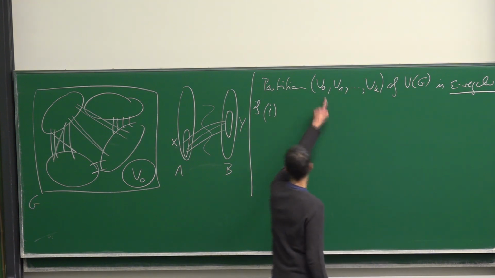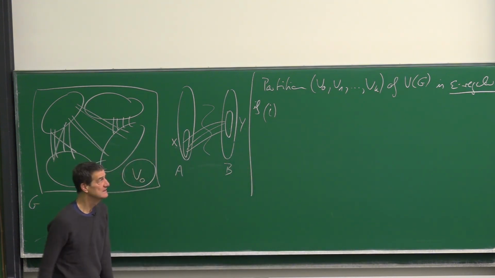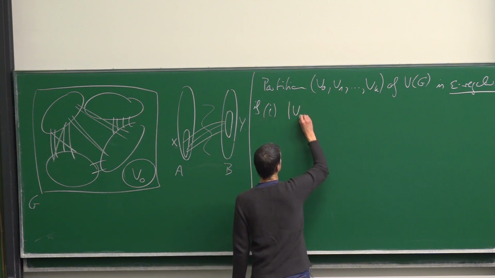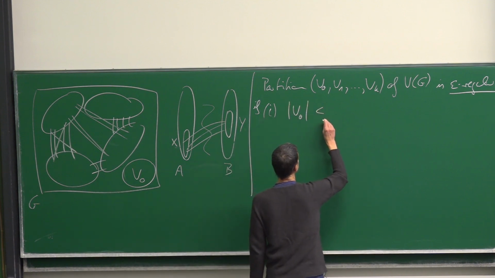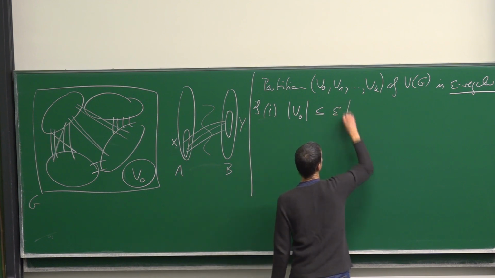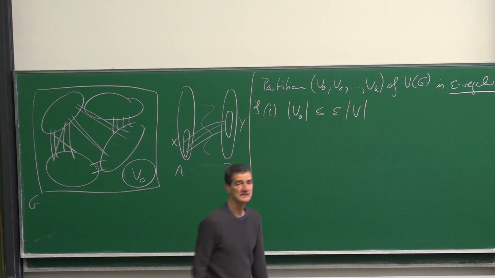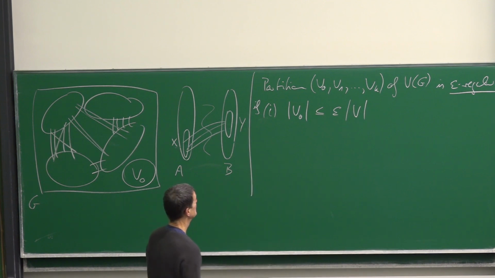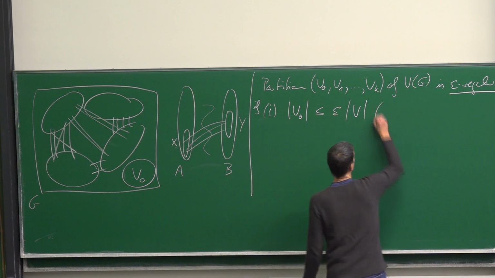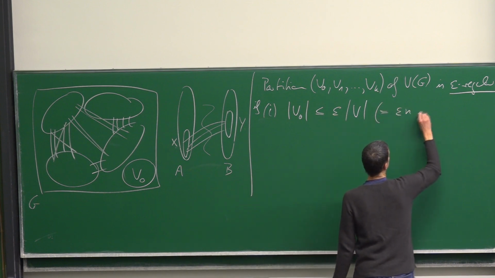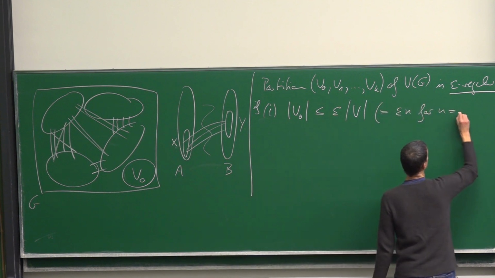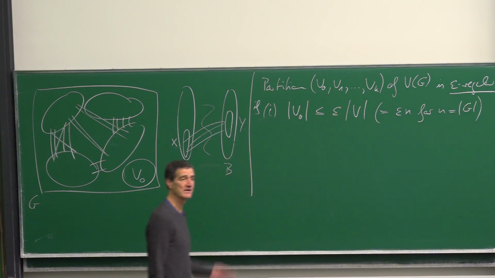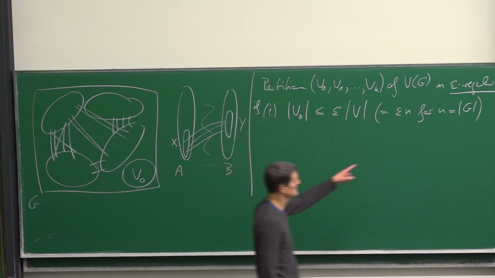This V0 is our little exceptional set. So that has to be small. What does small mean? Well, as I pointed out, small means at most epsilon of the reference quantity, which is the order of V itself. I usually abbreviate the number of vertices of G to little n, so whenever you see a little n, that's going to be the order of G.